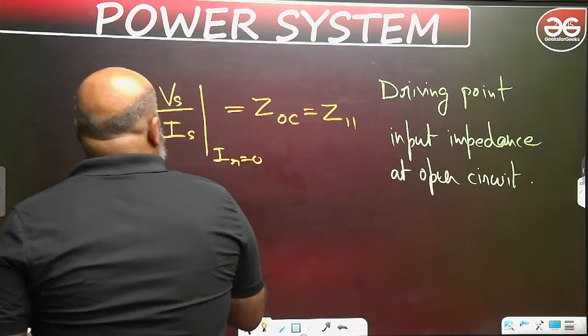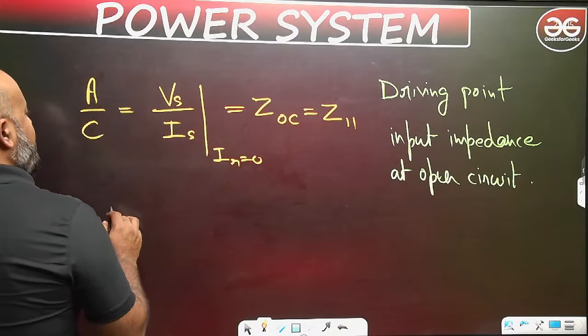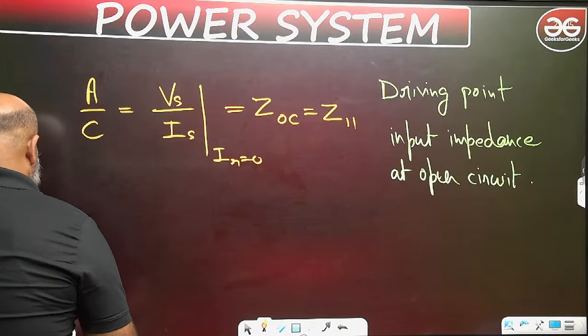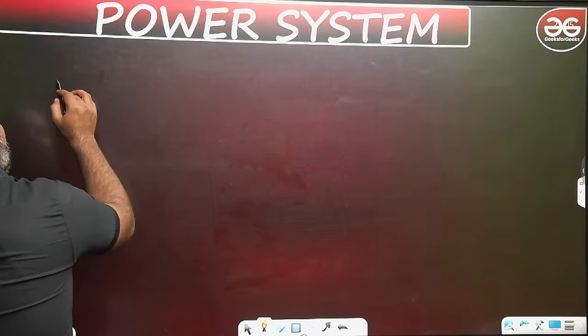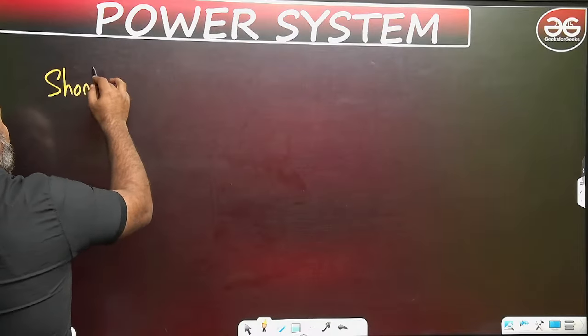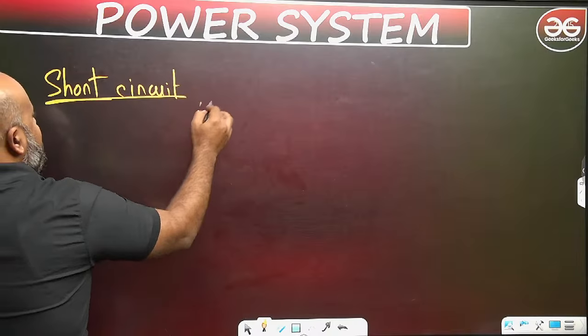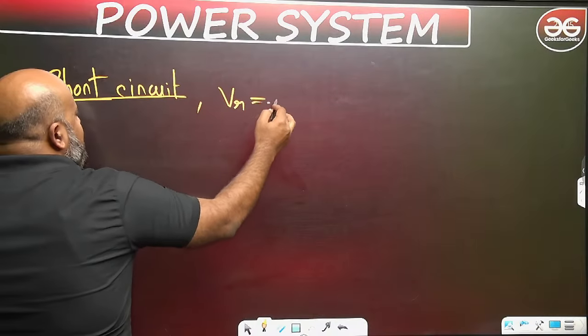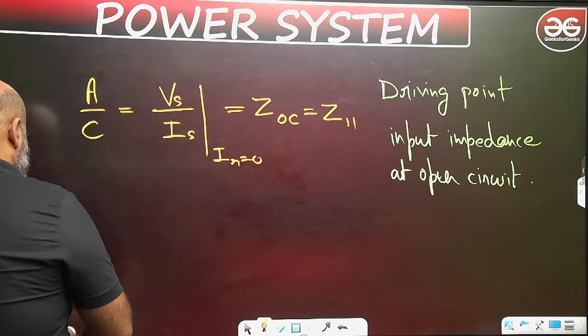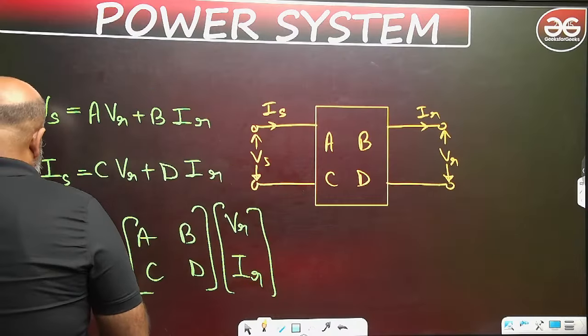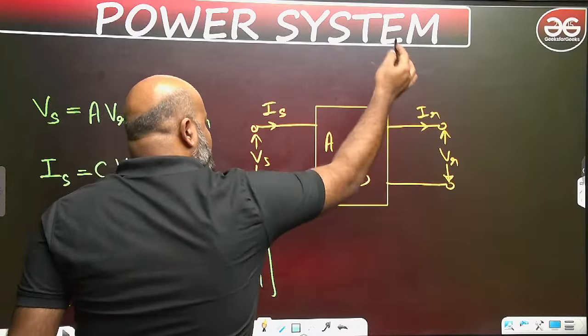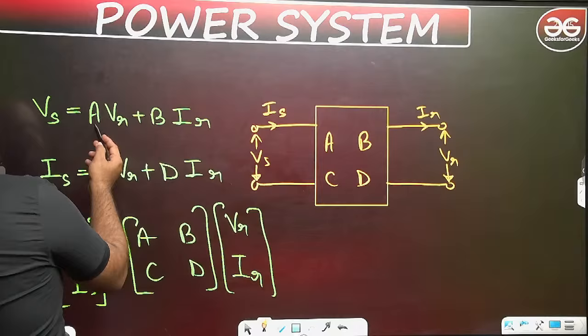Now similarly, you can write for the condition of short circuit. When there is a short circuit condition, the receiving end voltage becomes 0. VR 0 means it is short circuited. What is B?